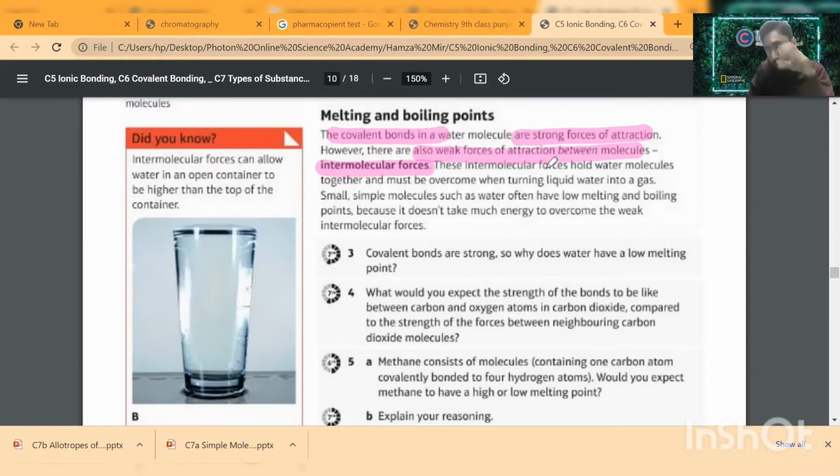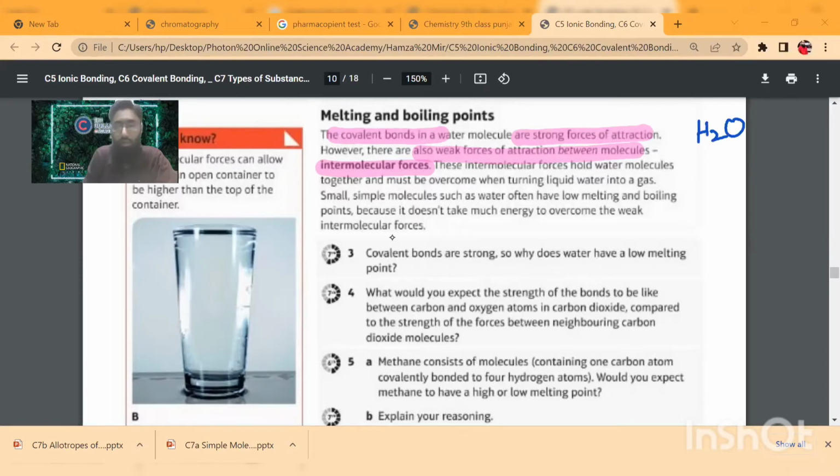Intermolecular forces are those forces of attraction which hold different molecules of water together. Just imagine, this is a water molecule. Let me draw here.